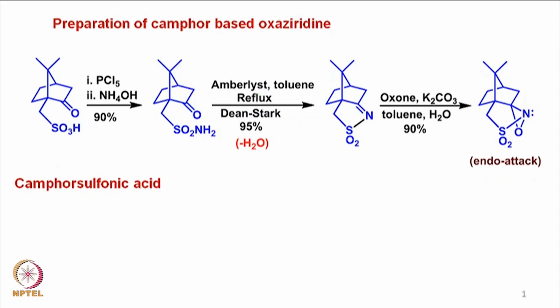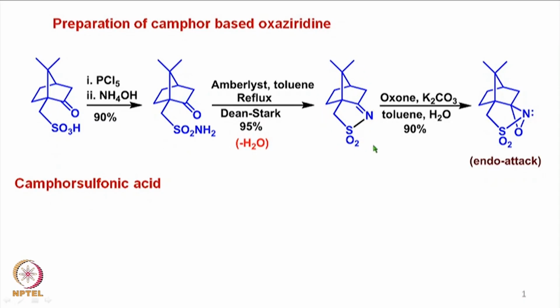Now this sulfonamide is then heated in toluene in the presence of Amberlyst catalyst, which is an acidic resin catalyst, and there is an apparatus called a Dean-Stark apparatus, which continuously removes the water from the reaction medium. It is required that we continuously siphon off the water from the reaction medium, otherwise the product that is going to form, that means if this amine here, the sulfonamide, condenses with the carbonyl group here, then we get this particular intermediate.